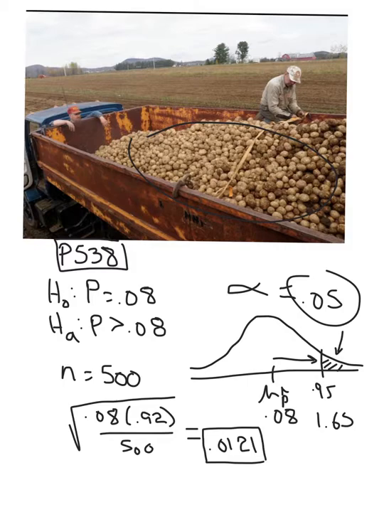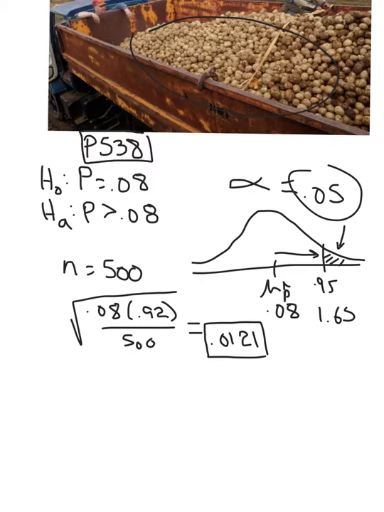Okay, so here we go. What I do is I take 0.08, so that's what I think it's going to be, and I add 1.65 times my standard deviation, which is 0.0121.